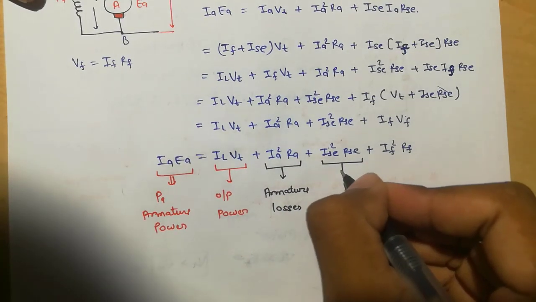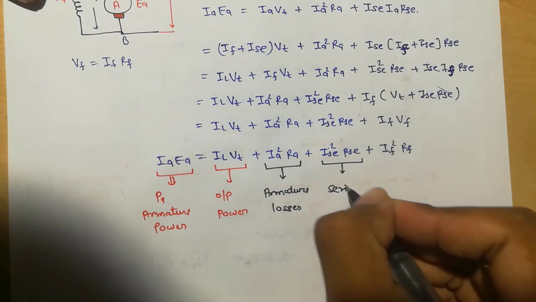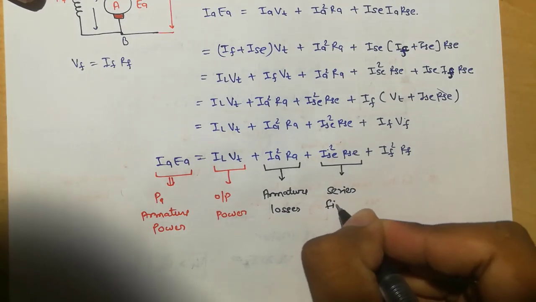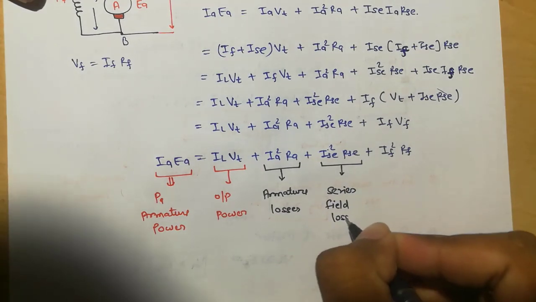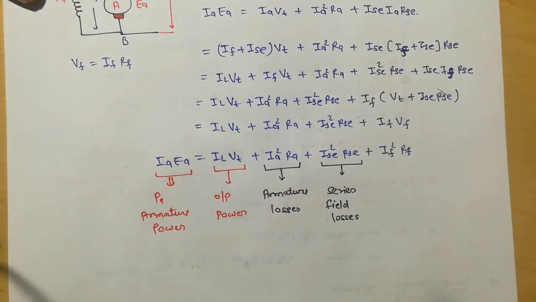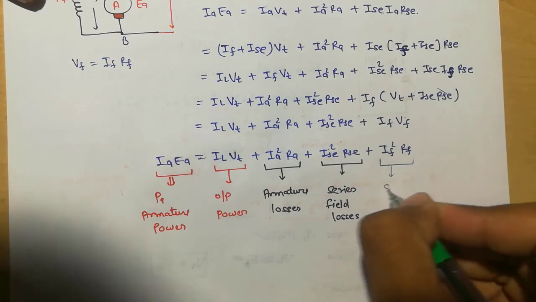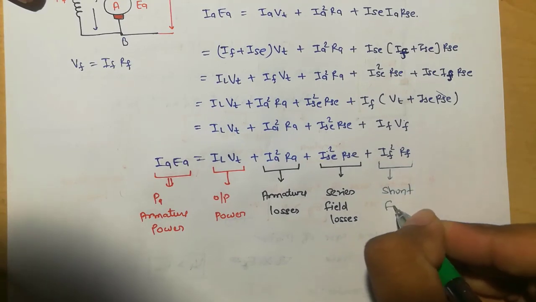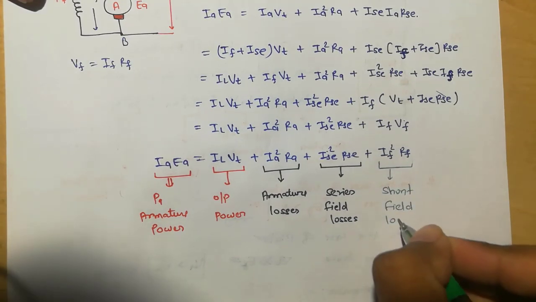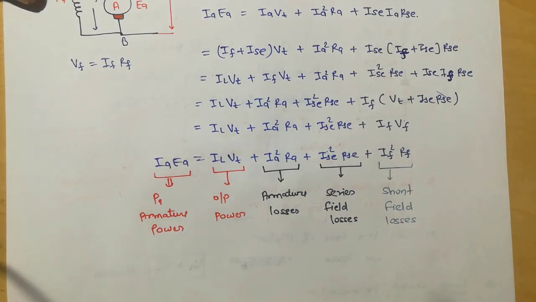This is our series field losses, and the last one is the shunt field losses. So this is our analysis of the short shunt generator.